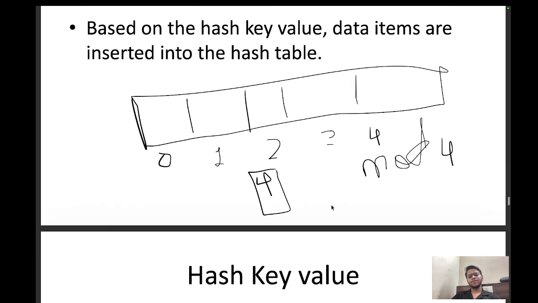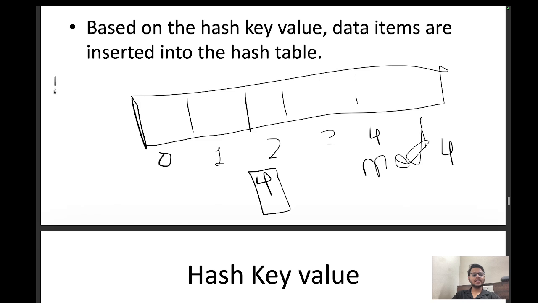If the question has given us some values, let's say 12, 16, 13, and 11. These are the values given in the question, and we have to arrange these values into the hash table, which we have to make by ourselves.